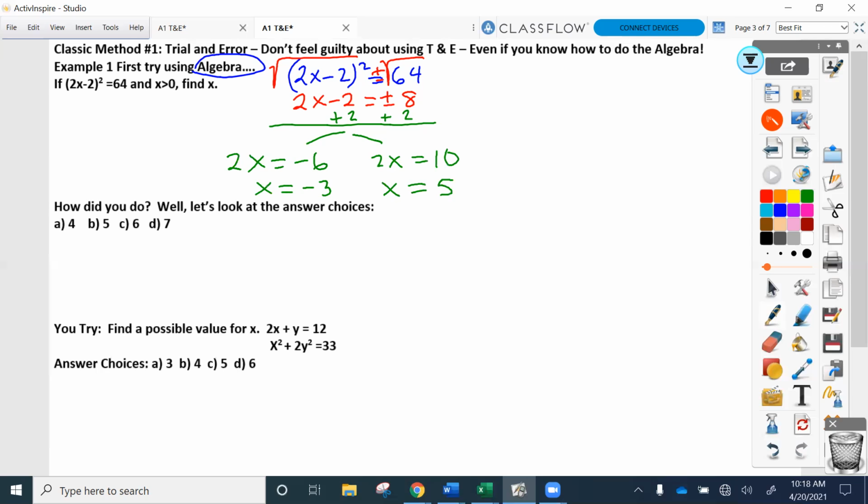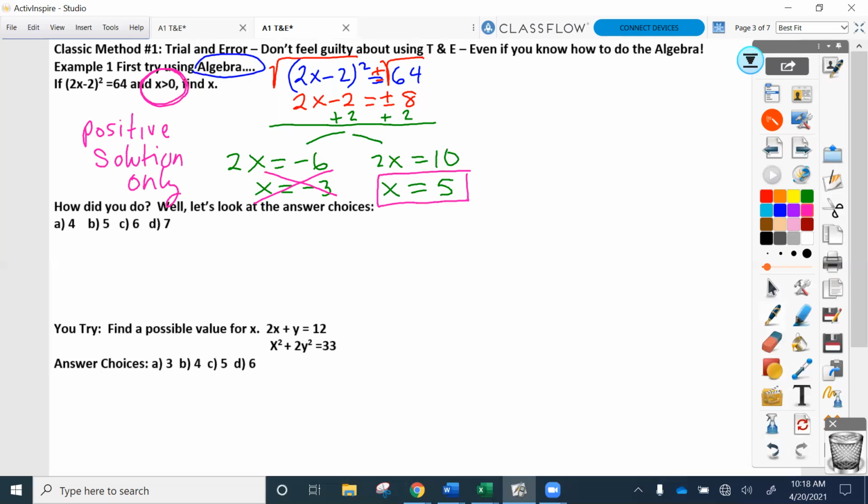But then you'd have to be really savvy in remembering what they tried to trick you with here, and that is they only want the positive solution, right? So we're going to throw out this, and you would get your answer, x is equal to 5.